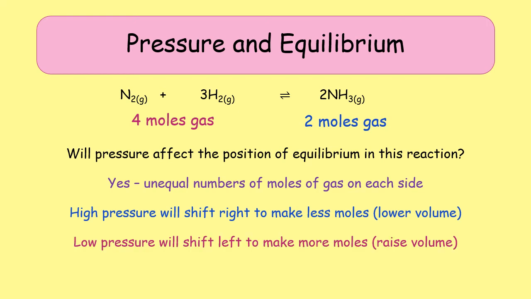If we did the opposite, if we lowered the pressure, the system will want to undo that. So if we lower the pressure, the system will want to raise the pressure, and it does this by shifting to the left and making more moles of gas. So remember, when it comes to pressure, more moles of gas means higher pressure. Lower moles of gas means lower pressure.